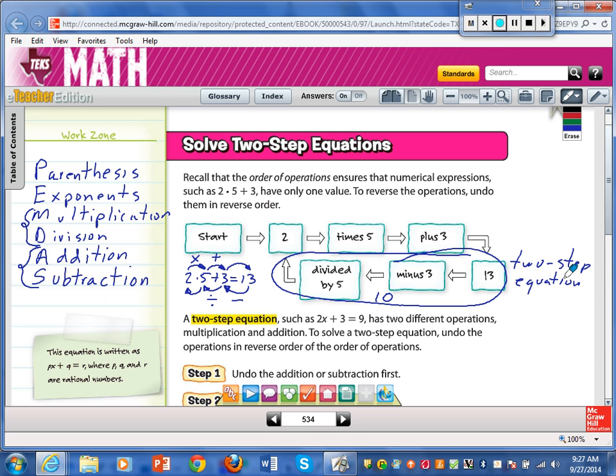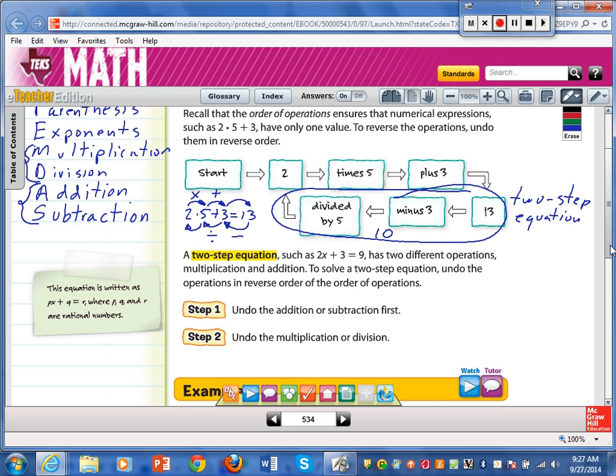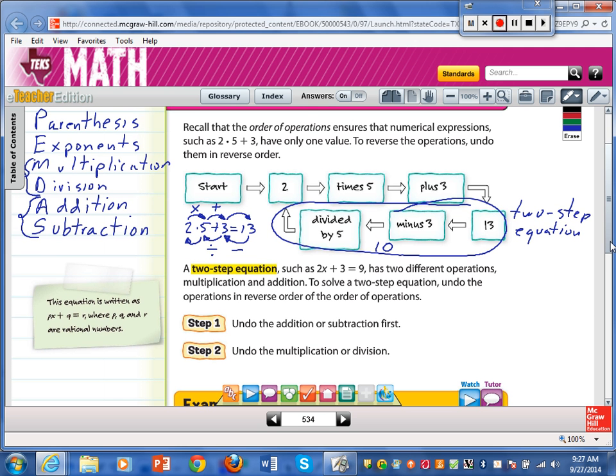Now, let's look at the definition. A two-step equation such as 2 times x plus 3 equals 9 has 2 different operations: multiplication right here and addition right there. To solve a two-step equation, undo the operations in reverse order of the order of operations. That's a little confusing. First you learned to do multiplication and division before addition and subtraction.